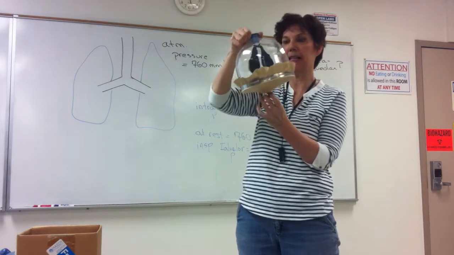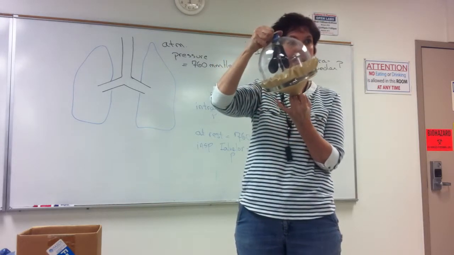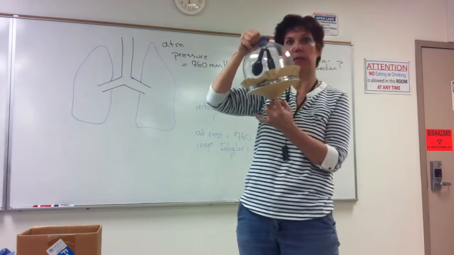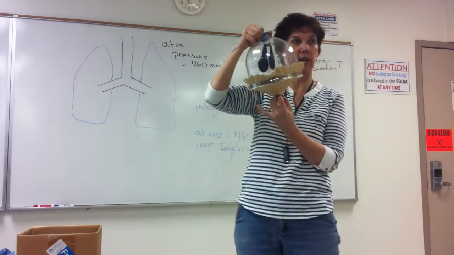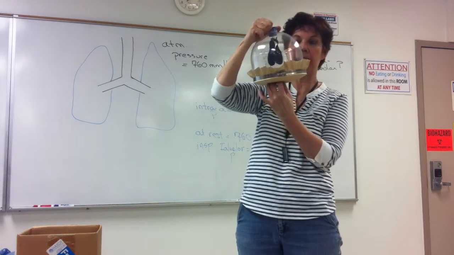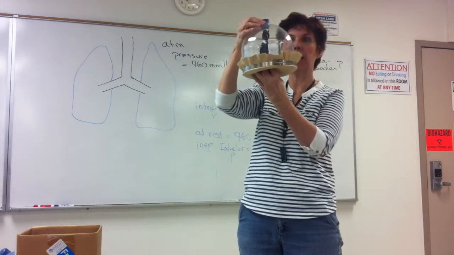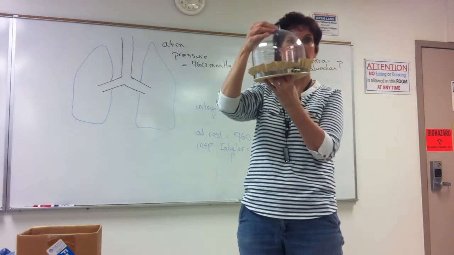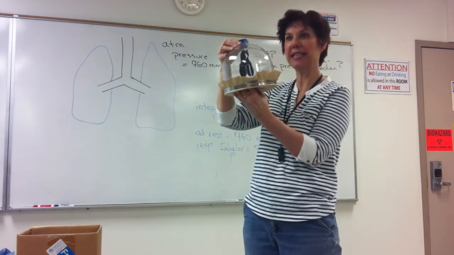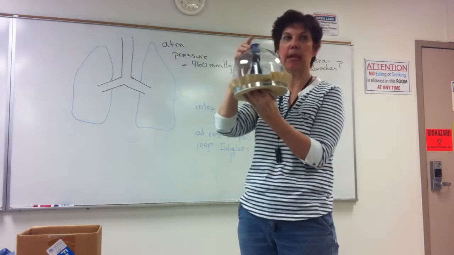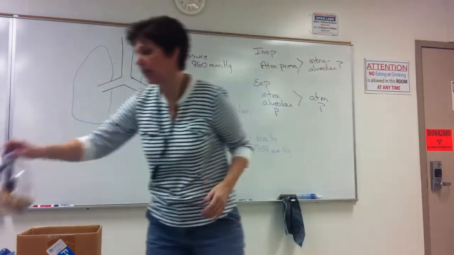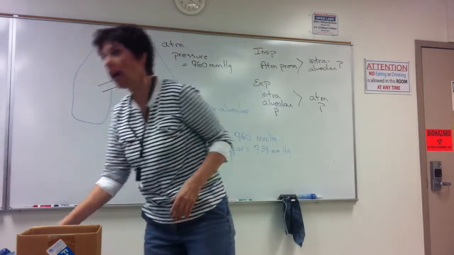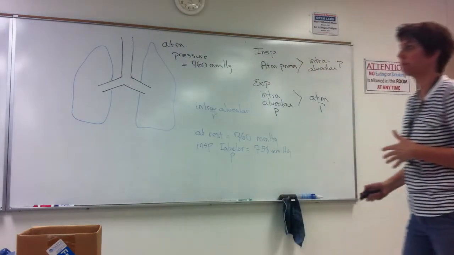So the pressure around the balloons is lower than the pressure out here, and air is pushed into the balloons. Now when I relax the diaphragm and push up, pressure around the balloons increases and collapses them and pushes the air out. And so that's the basic aspect of pulmonary ventilation.